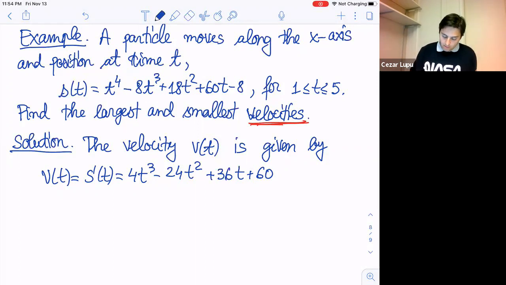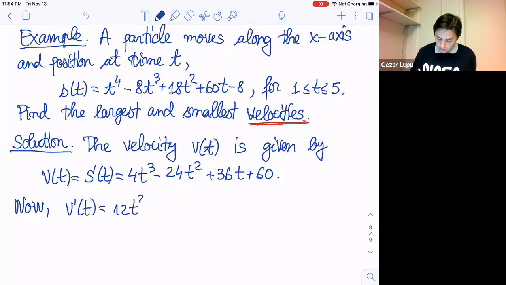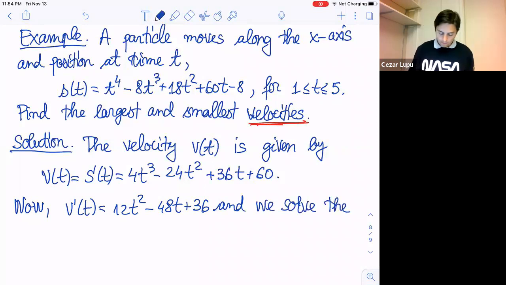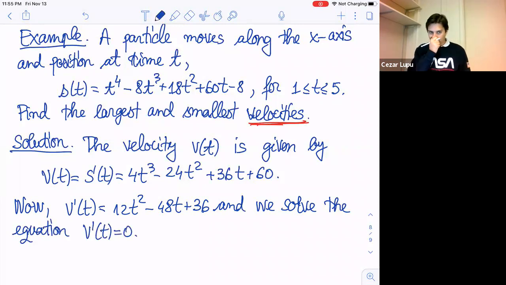So v prime of t is 12t squared minus 48t plus 36. And we want to solve the equation v prime of t equals 0.